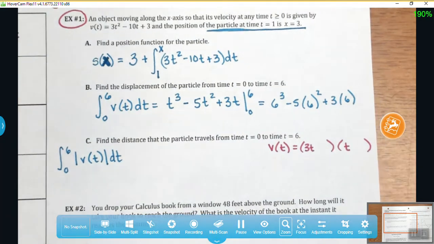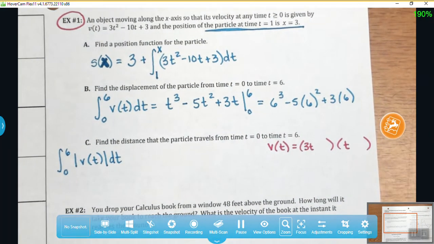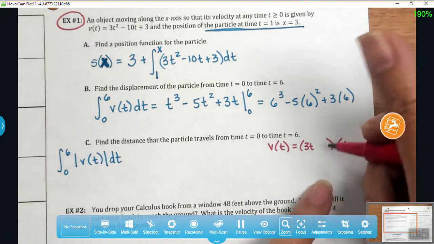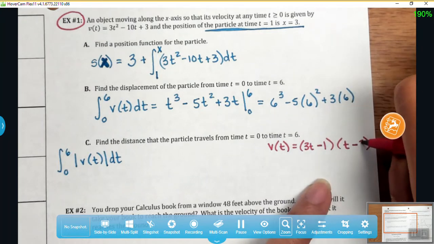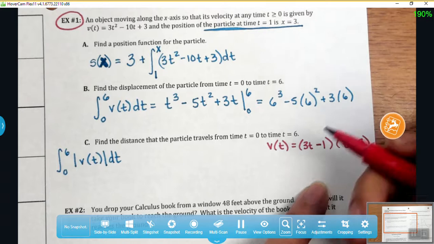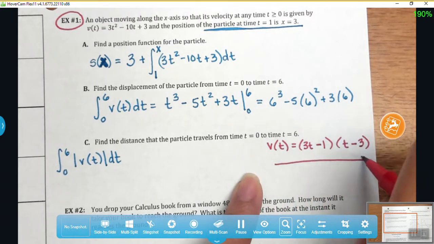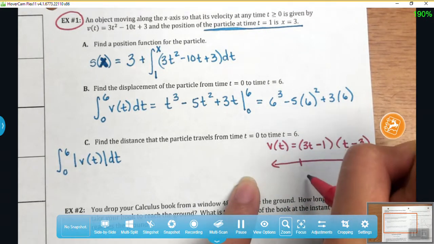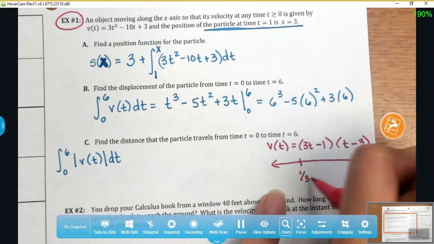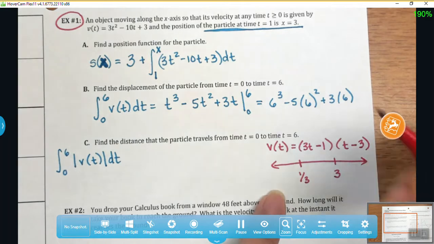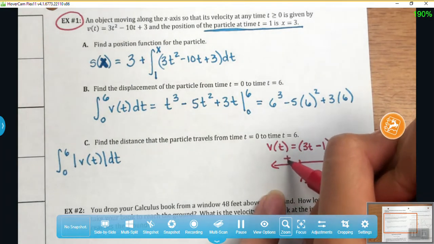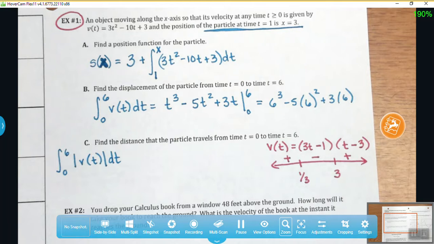So if I factor velocity, then it's gotta be 3 and 1. Minus 1, minus 3. Okay, so my velocity number line, 1/3 and 3 goes positive, negative, positive. Right?